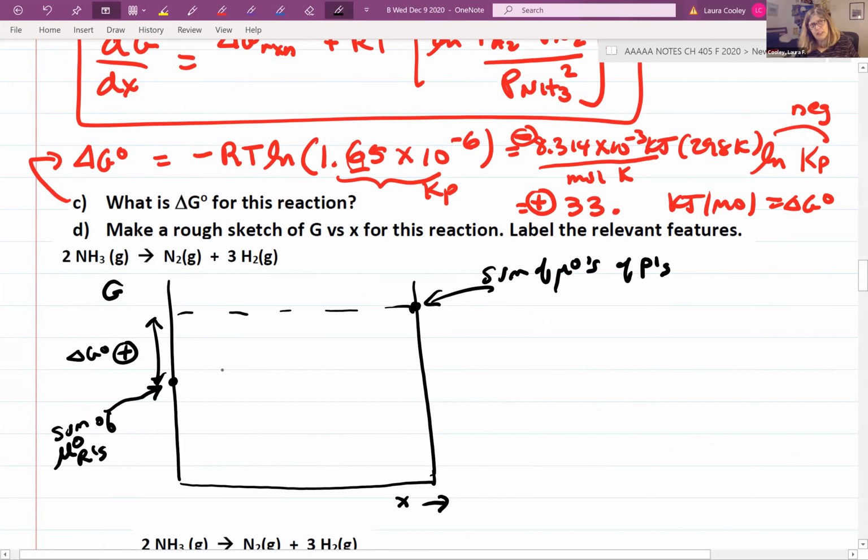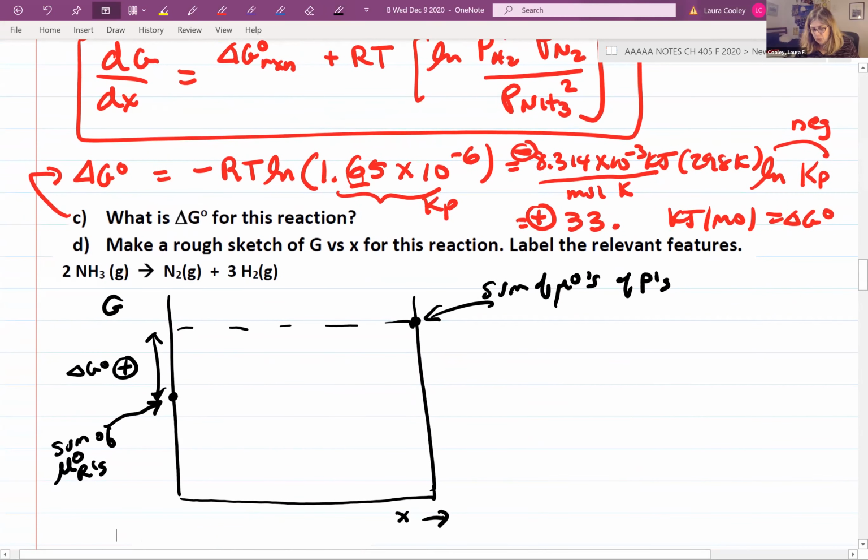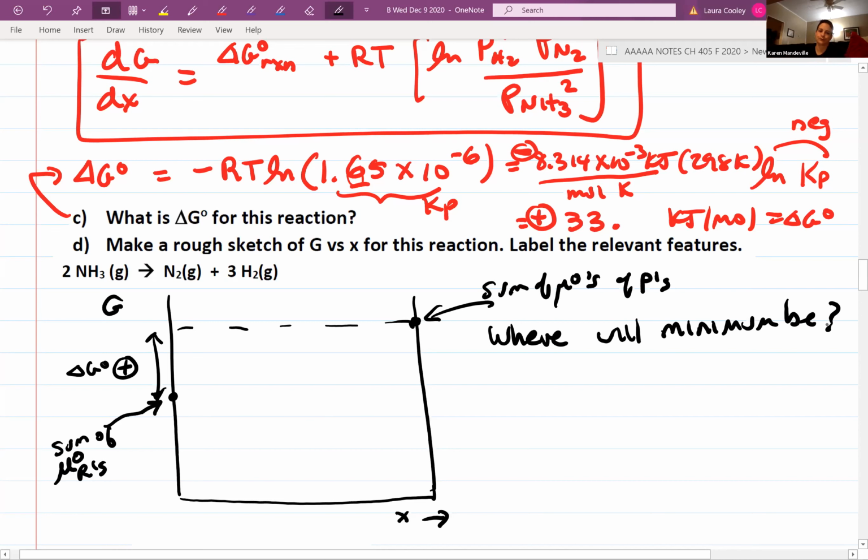But the thing you do have to be careful about is where you put the minimum. So where will the minimum be? Sorry, did you say the left? Yeah, I think you said the left. That's going to look something like this. The minimum has to be on the left because the minimum is always on the side of the lower Gibbs free energy.